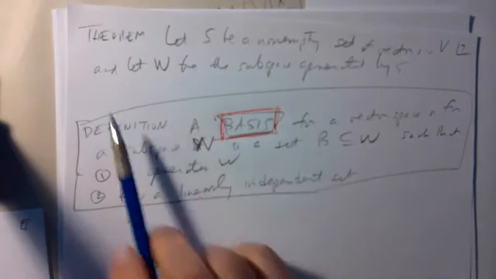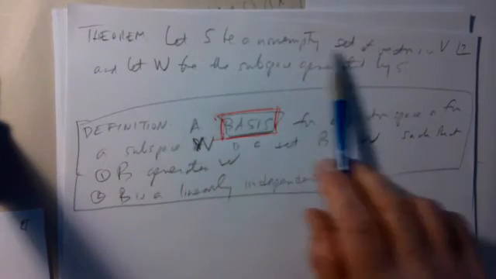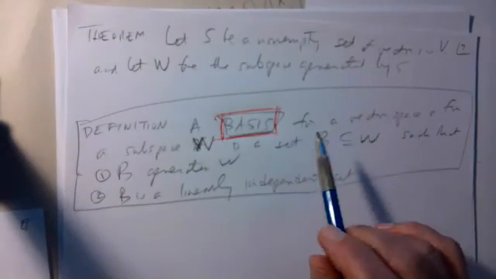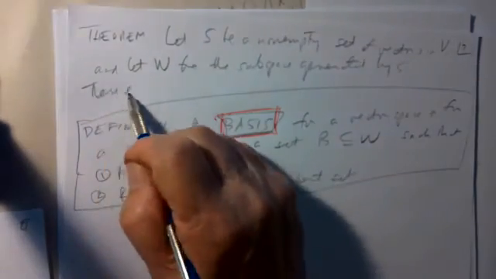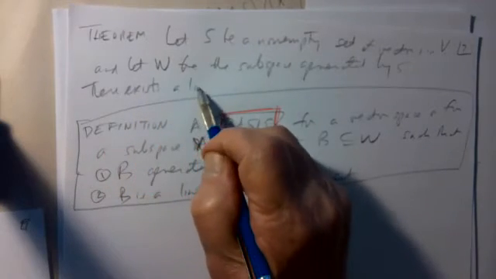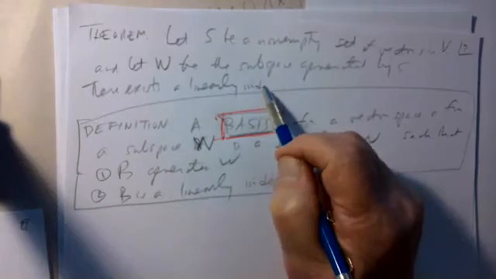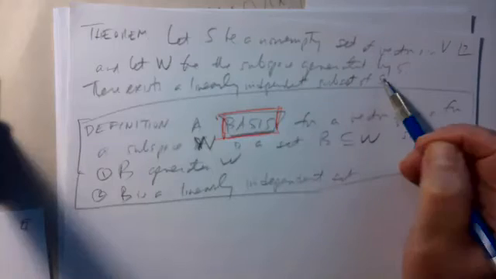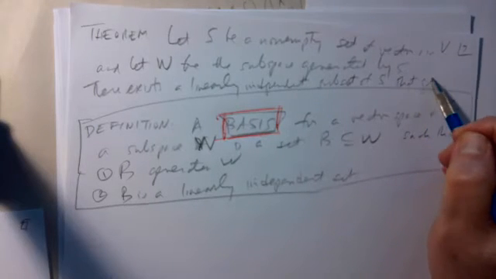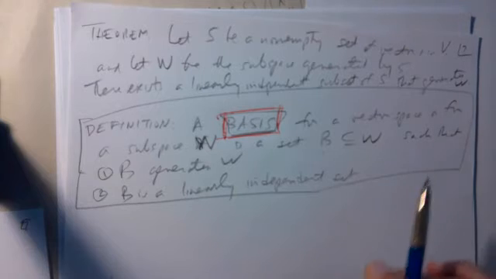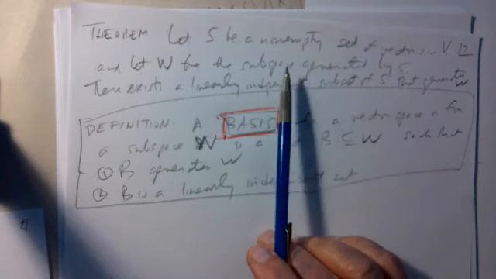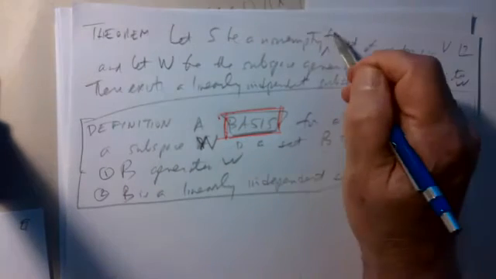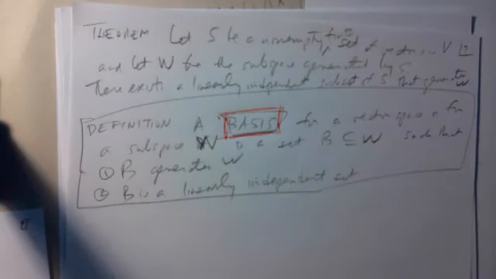And my theorem that I'm in the process of stating says, if you take any non-empty set of vectors in V and you let W be the subspace it generates, there exists a linearly independent subset of S that also generates W. In other words, if you have a set S that generates a subspace, and we're making it slightly easier, finite, then it contains a basis.